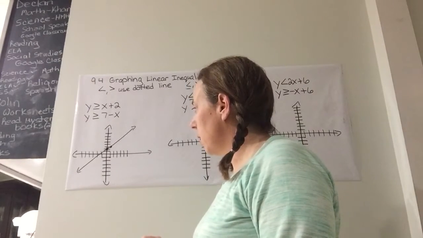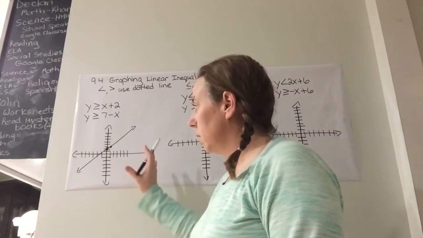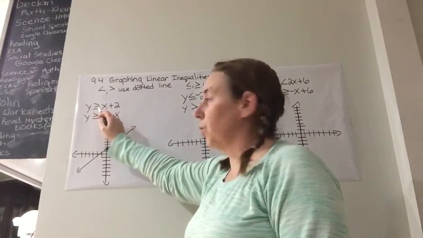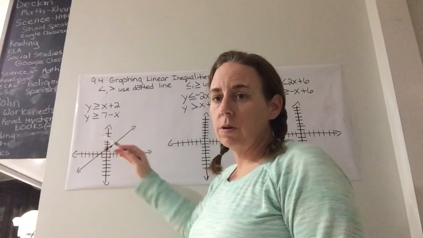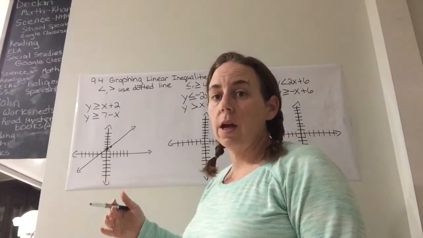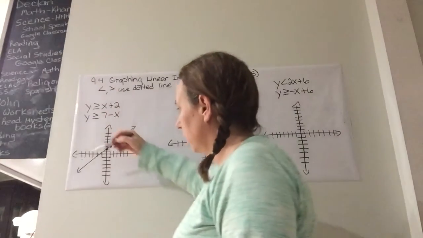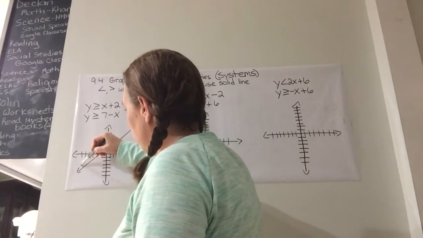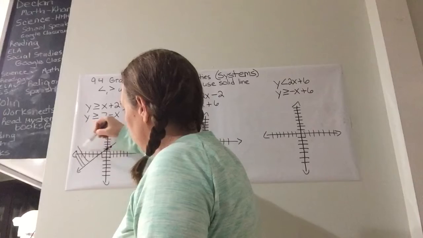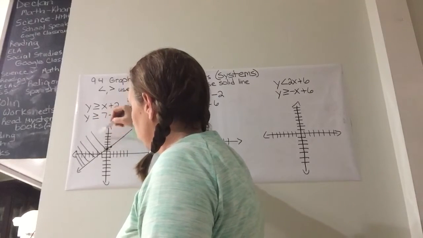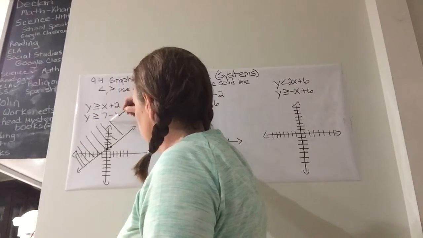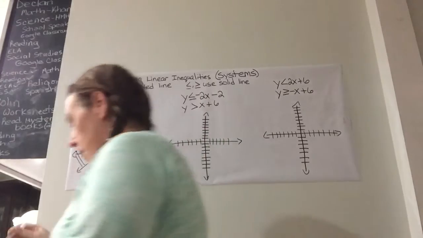I am going to be shading which side? It's greater than, so if it's greater, we shade above the line. So I'm going to shade above the line. Now I'm just going to draw these like lines, and you'll see why in a little bit, why I'm doing this.